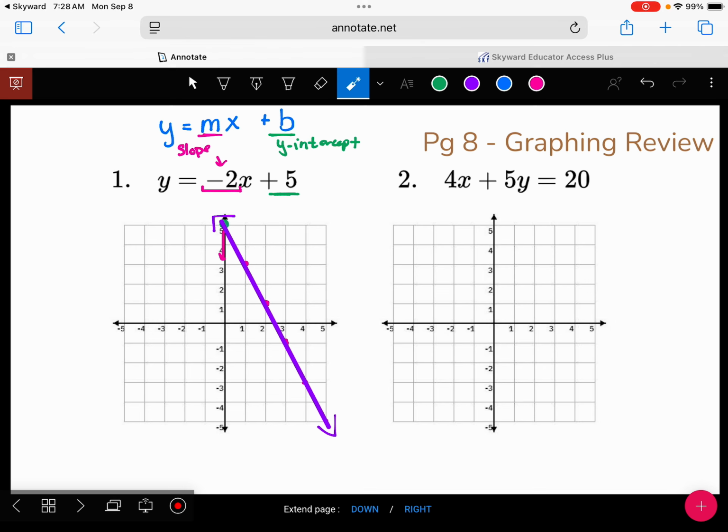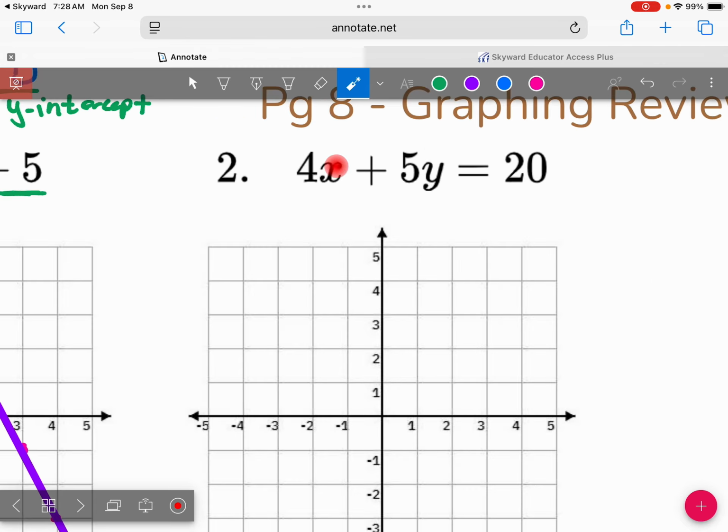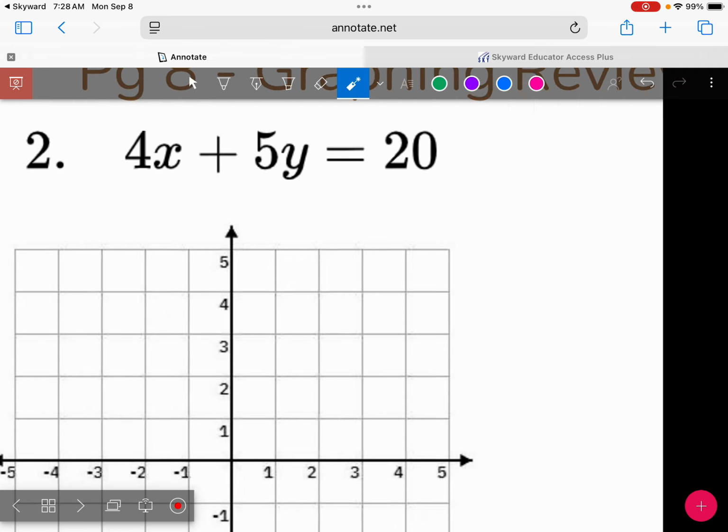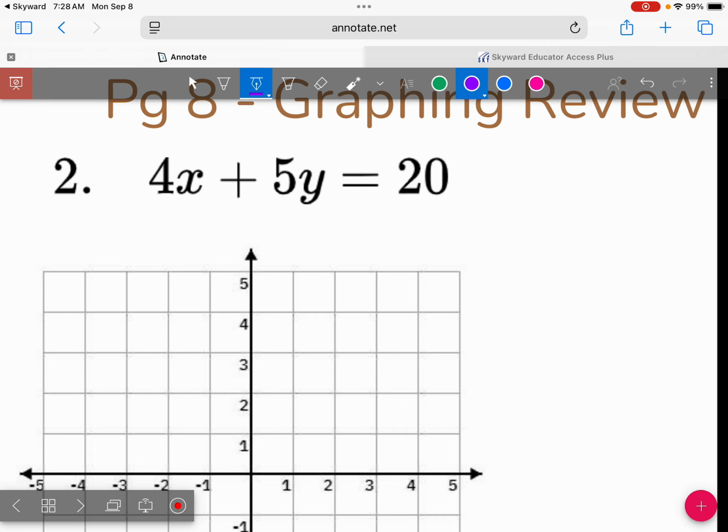I could also do the standard form equations by finding our x and y intercepts. That's kind of what these are set up for us to do. You can do it either way. It genuinely does not matter if you put this into a y equals, so you can do your slope-intercept form, or we find our x and y intercepts. I'm going to do our x and y intercepts up here, just because it's a good thing to remember.